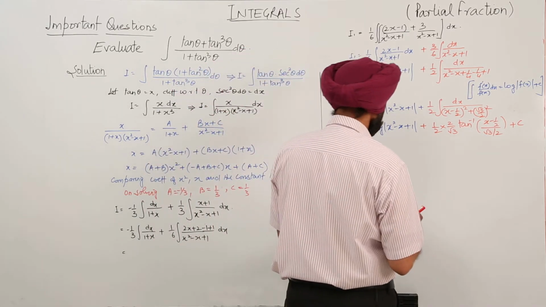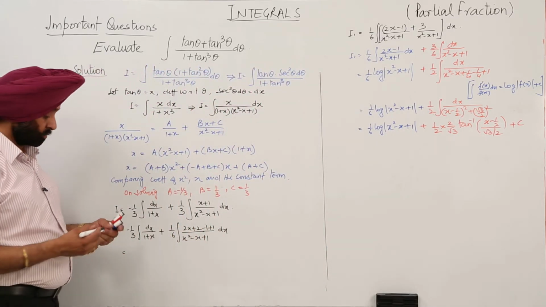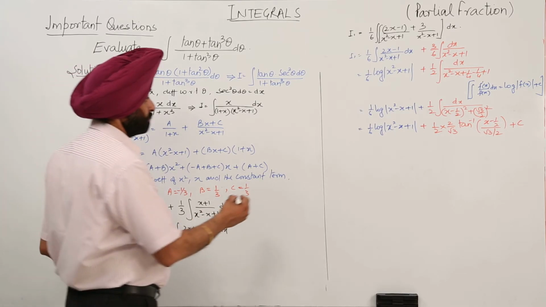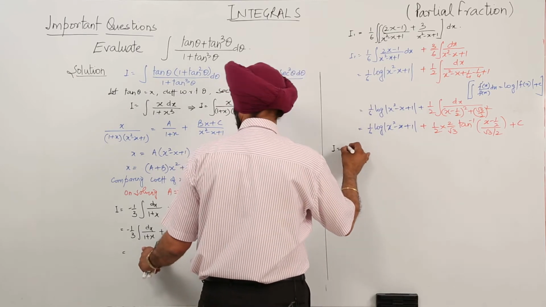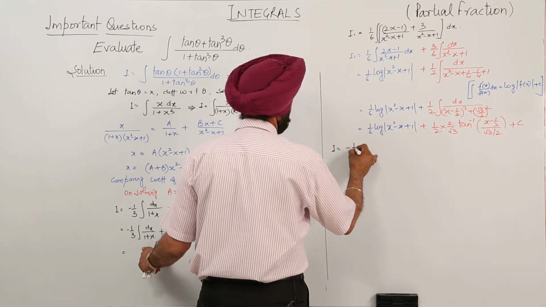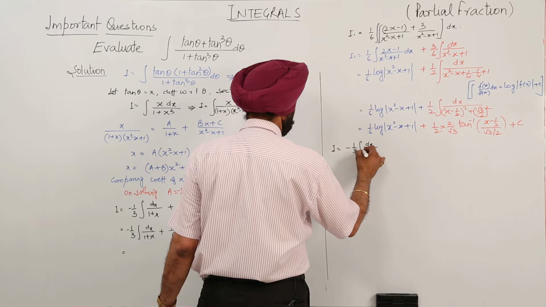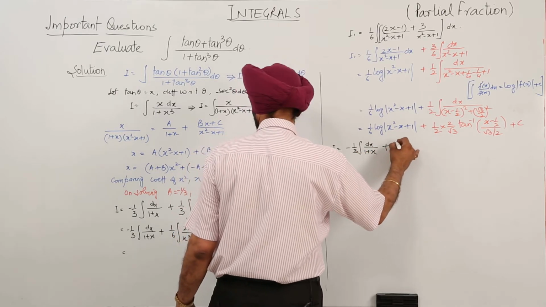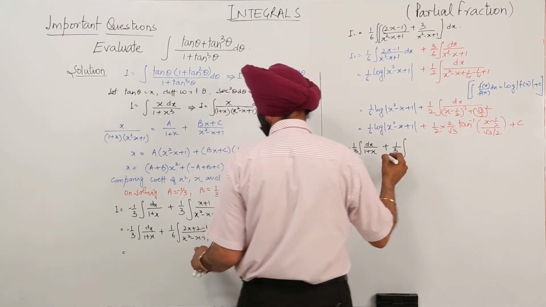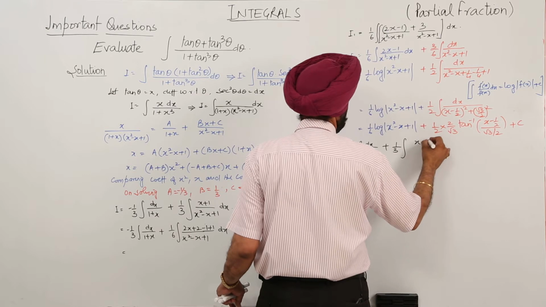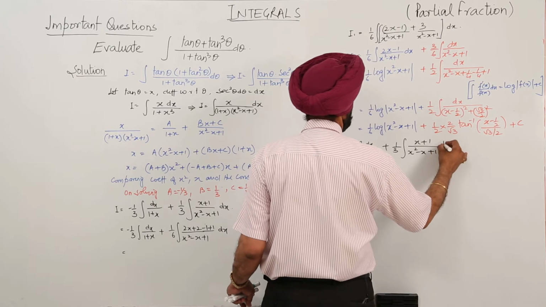So now, starting for the whole of the question. The question was integration of minus 1 by 3 dx upon 1 plus x plus 1 by 3 integration of (x plus 1) upon x square minus x plus 1 dx.